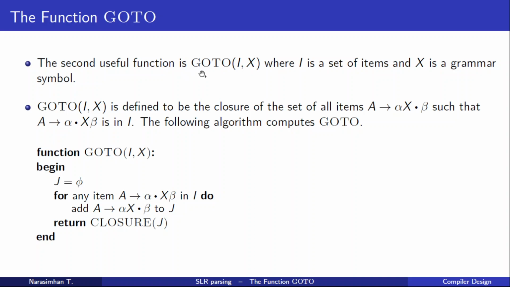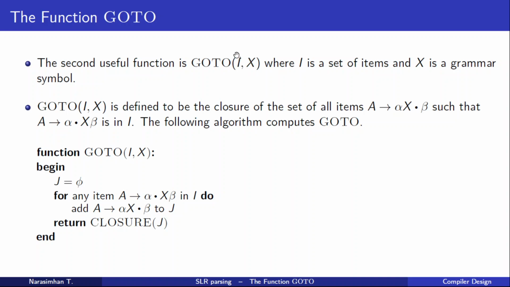Now this goTo function is taking two arguments. One is the item set I and the other one is a grammar symbol X. So imagine you are in the state I. To which state should you go if you read the symbol X in state I?